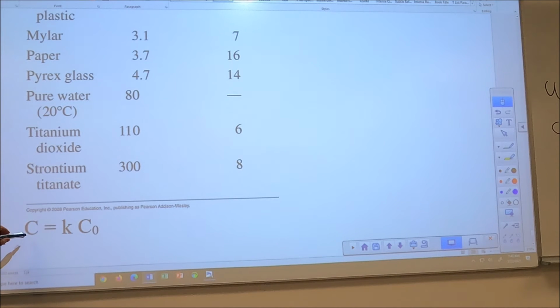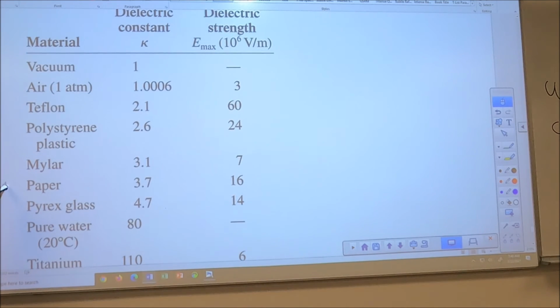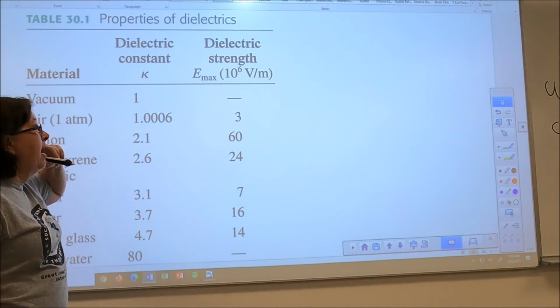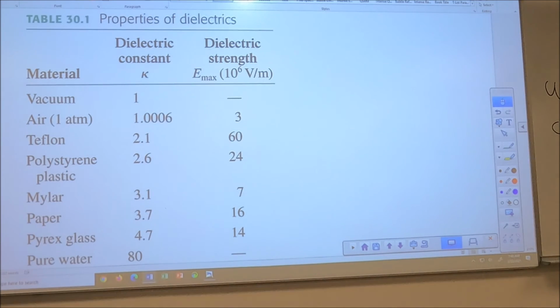It turns out the capacitance of a capacitor with a dielectric is K times C0, what it would be if there was no dielectric in there. So we have the dielectric constant and the dielectric strength. What the dielectric does is it allows us to pile up more charge on the plates of a parallel plate capacitor.